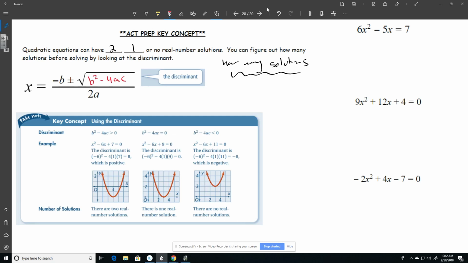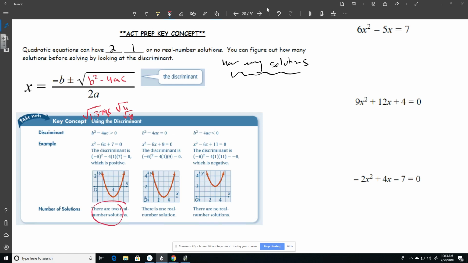And here's how it works. If b squared minus 4ac is greater than 0, we can take the square root of it. We can take the square root of 4 and the square root of 8 and the square root of 1.3795. Sometimes they're not nice, but we can take the square root. So if b squared minus 4ac is bigger than 0, there are 2 solutions.